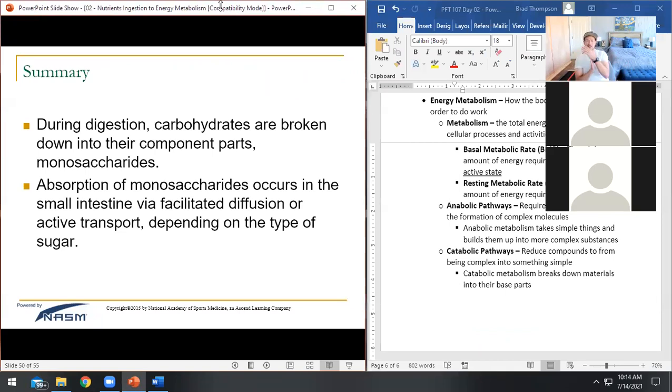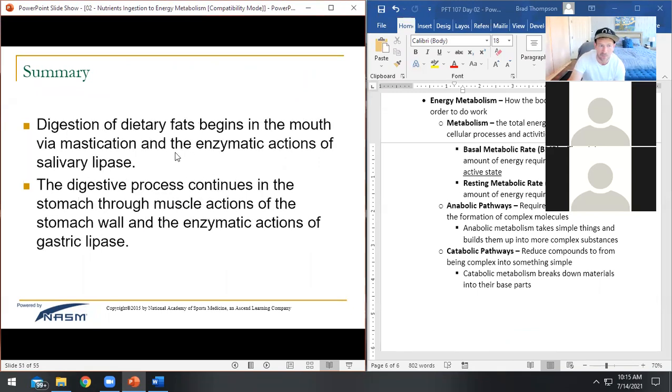If we're summarizing everything, digestion is the process of breaking carbohydrates into monosaccharides, breaking fats into fatty acids, and breaking proteins into amino acids. Your body is then going to absorb all those materials into your bloodstream so that it can anabolically build them up into something new, or use those ingredients to catabolically strip their energy and break them down into something also new.